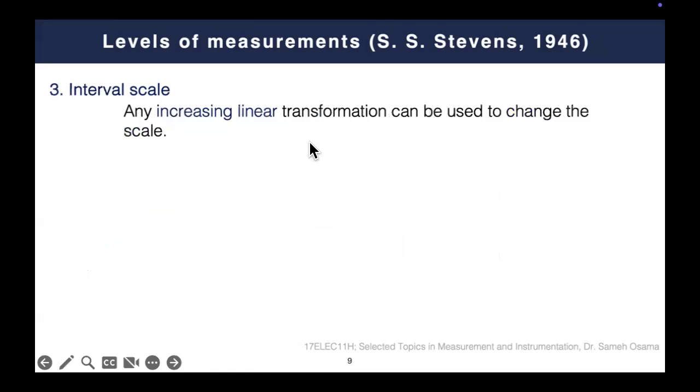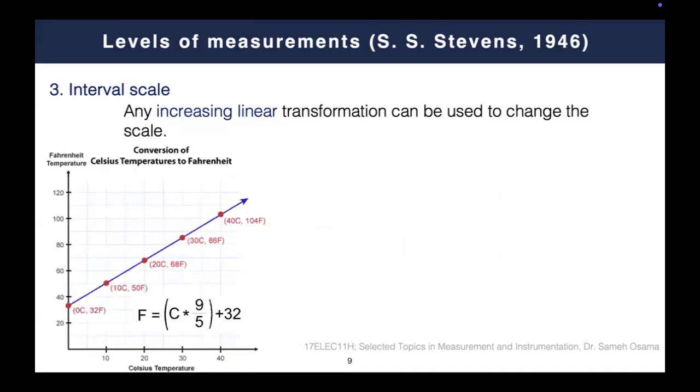The next one is the interval scale. Again, an example, which I think you already know, is the transfer of temperature from Fahrenheit to Celsius. And here, as you can see, my dear students, it's a linear relationship between temperature in Celsius and temperature in Fahrenheit.